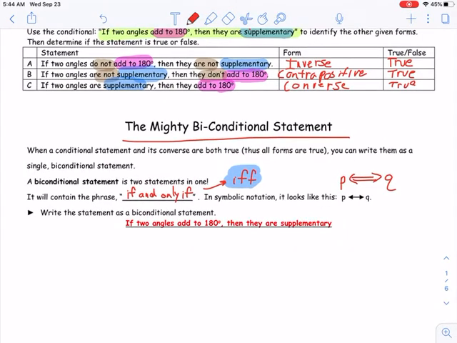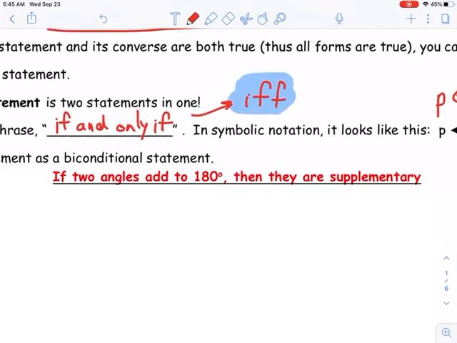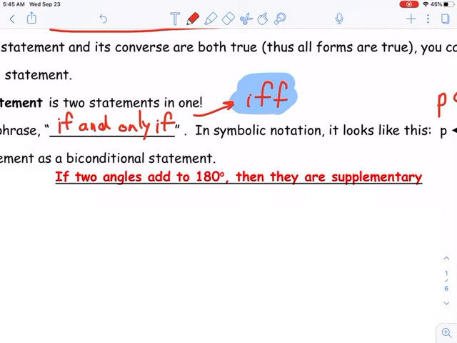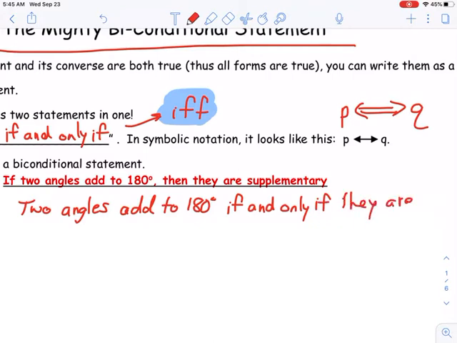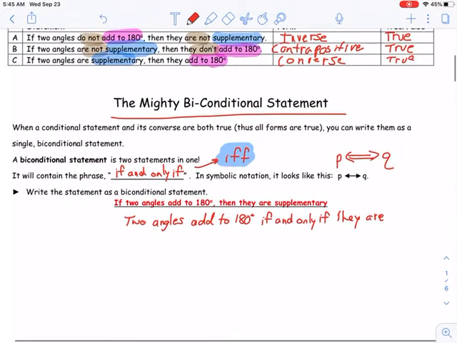So, what does this mean? Write the following as a biconditional statement. Biconditional statements are very powerful. They're true in all directions. I'll elaborate on what that means in a little bit. But you eliminate the if. You write: two angles add to 180 degrees if and only if they are supplementary.